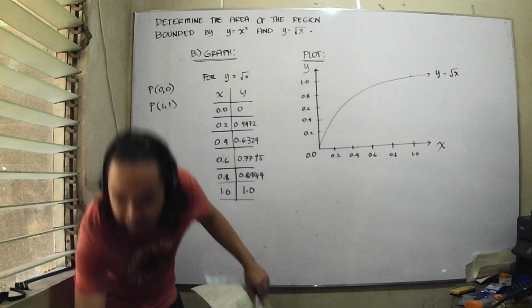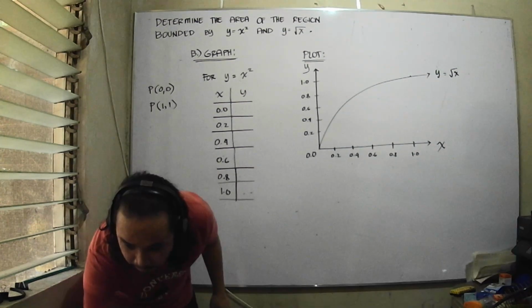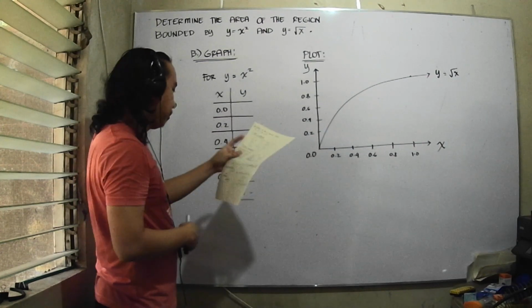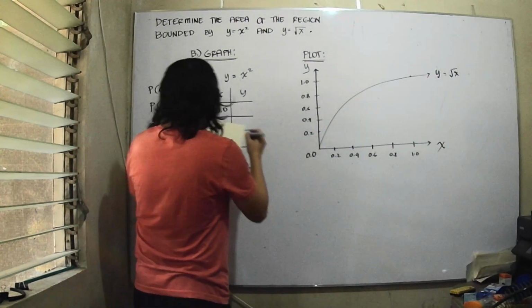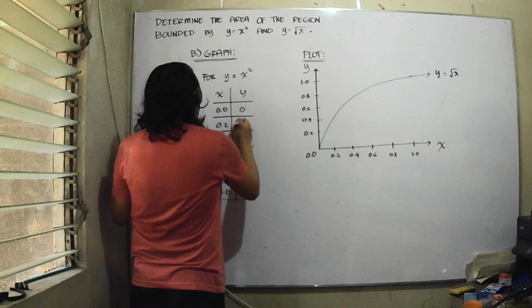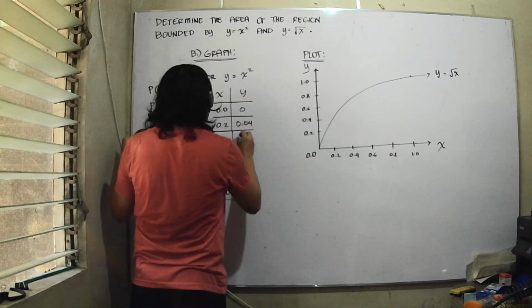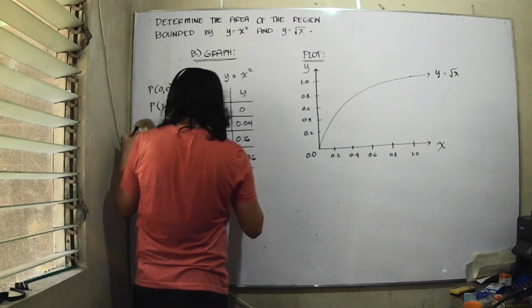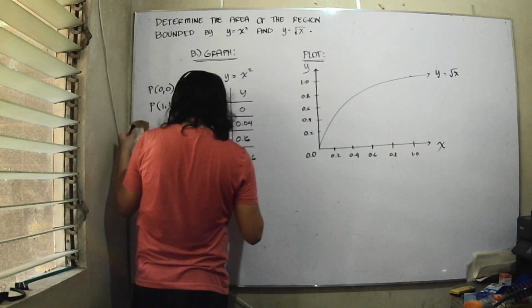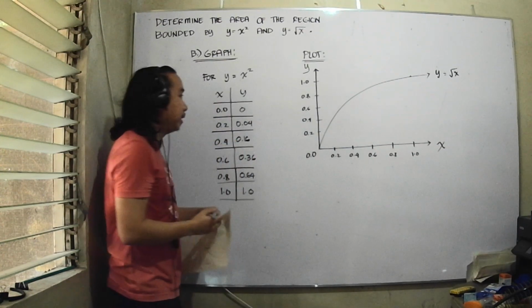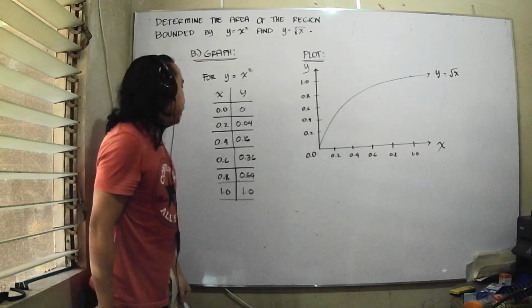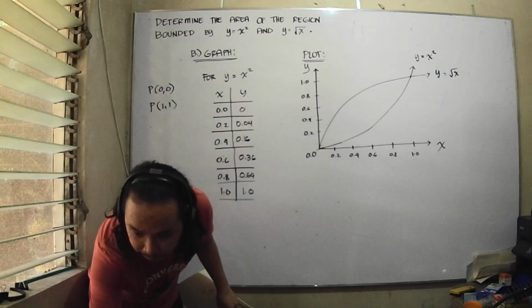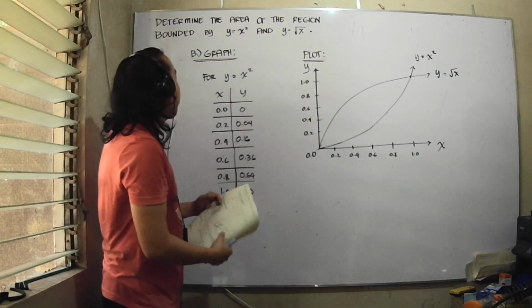Now for y is equal to x squared, the values I get are 0, 0.04, 0.16, 0.36, then 0.64, finally 1.0. So this is the plot of our curves.